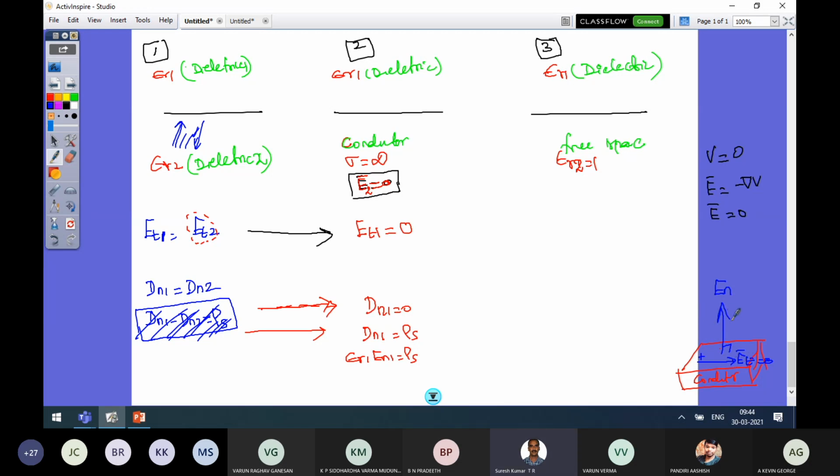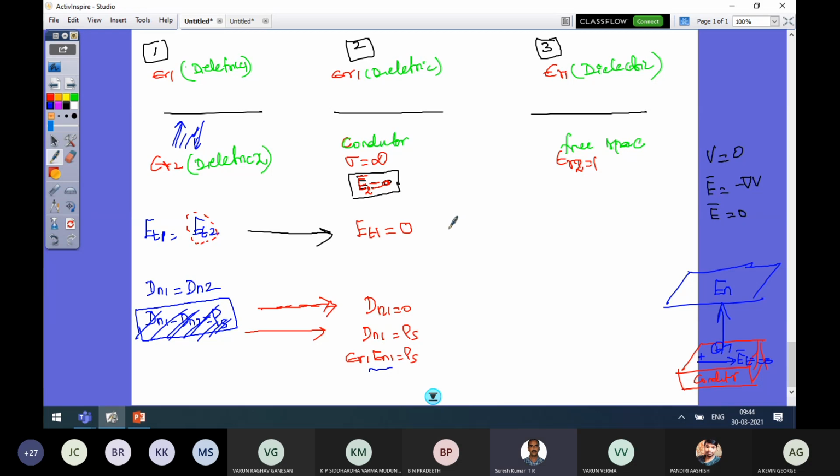Whatever we discussed today is applicable only for static conditions. And for the electric field to survive, it should always be perpendicular to the conductor. A simple logic is a capacitor, where the field survives only between the two plates, not parallel to the plates. It should be perpendicular to the two plates. You can understand that from here.